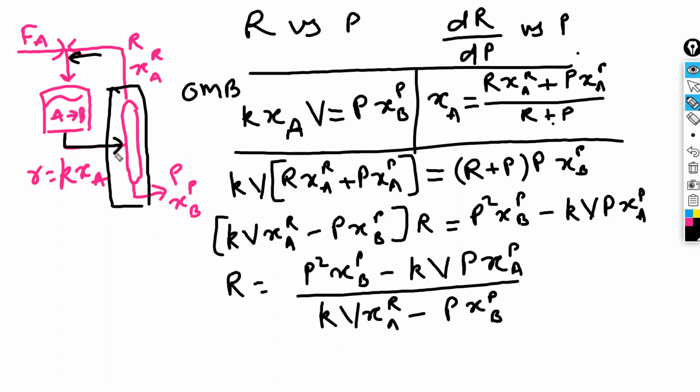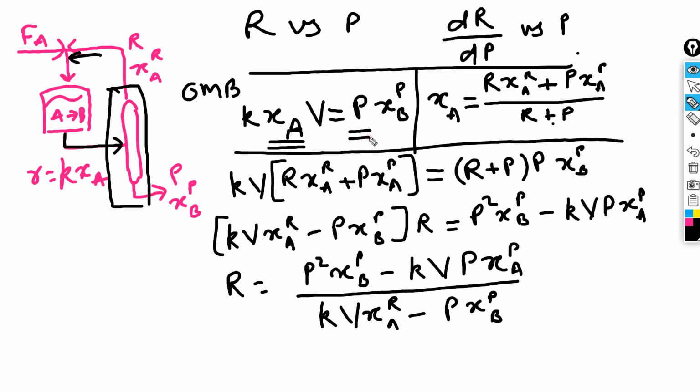The composition of the reactor effluent will then be XAR. So if you apply this in your reactor material balance, if the recycle rate is infinity, then your mole fraction of A in the reactor is as large as can be, and it would be the same as the mole fraction of A in the recycle stream, and therefore the production of B in the reactor is as large as possible when the recycle rate is infinity.